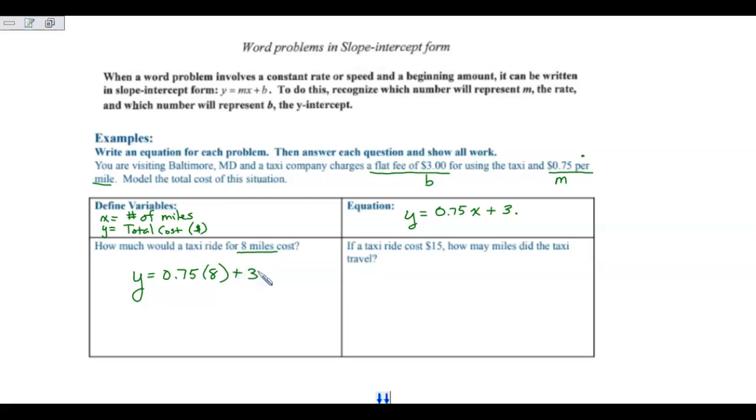So I'm going to solve to find out what y is by taking 75 hundredths times 8 and then adding 3 to it. And that gives us 9. So this is 6 plus 3, y equals 9. So it's going to cost $9.